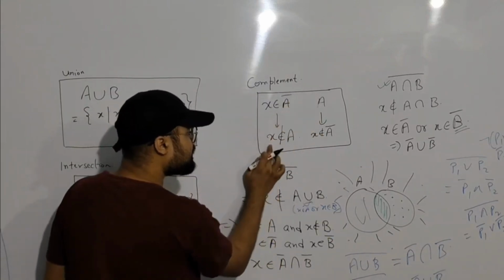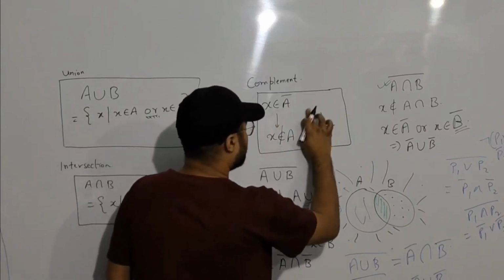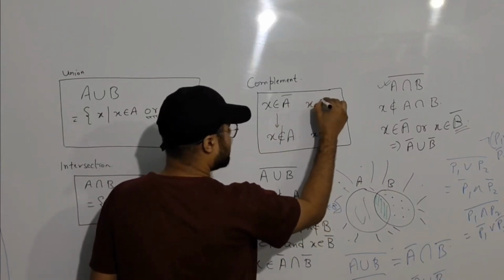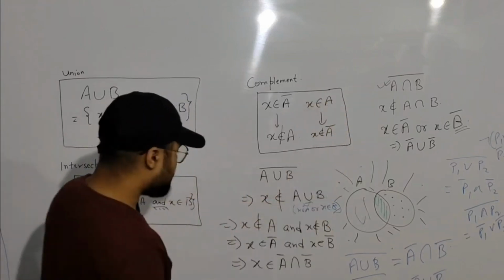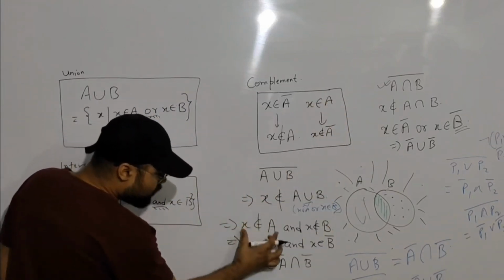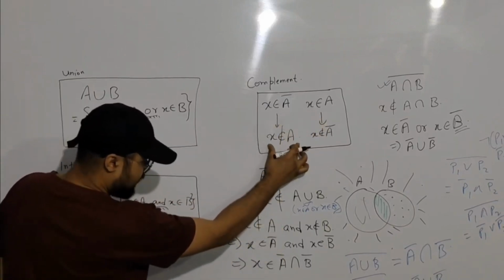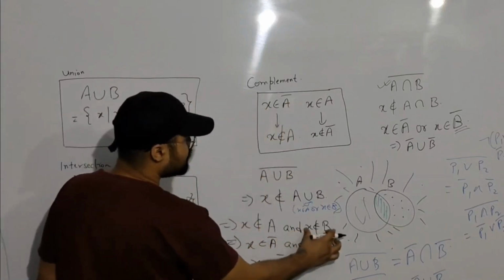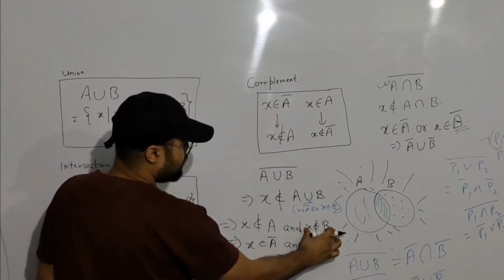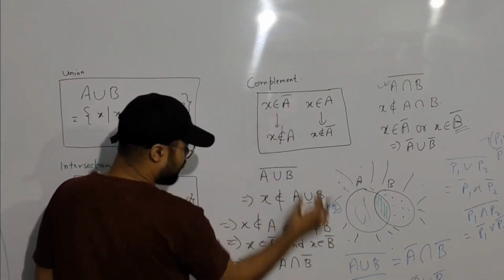X belongs to A complement means that X does not belong to A, and X belongs to A means that X does not belong to A complement. So X does not belong to A means X belongs to A complement. X does not belong to B means X belongs to B complement.